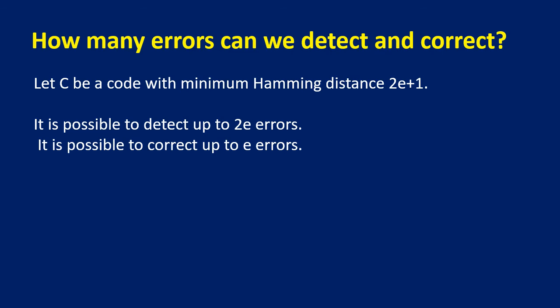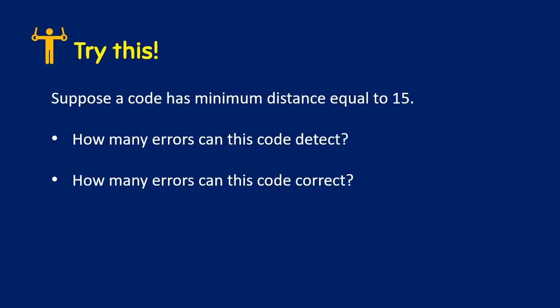Okay, let's suppose that you have a code with minimum Hamming distance 2e plus 1. This is the answer to our question. It is possible to detect up to, so for the detection, 2e errors, but we can only correct up to e errors. Let me illustrate what that means.